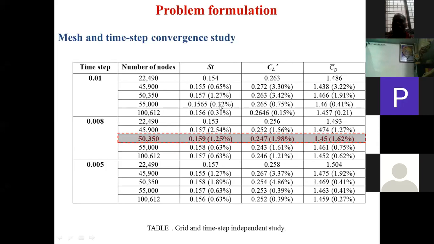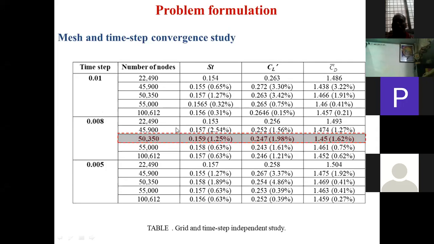Similarly, if we change the time step, from these different combinations we optimize our nodes, and we get a basic idea that this many nodes or this time step is sufficient to get the right solution. I have highlighted this combination of nodes and time step for this particular problem.